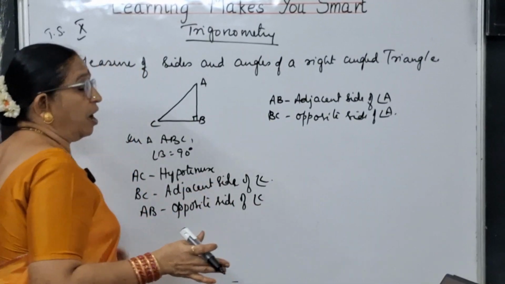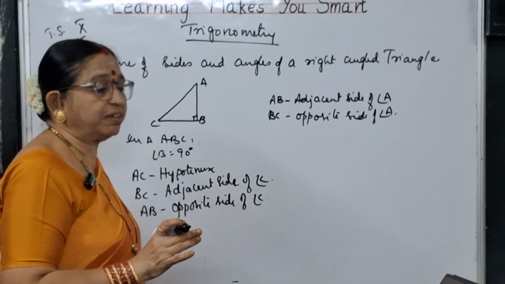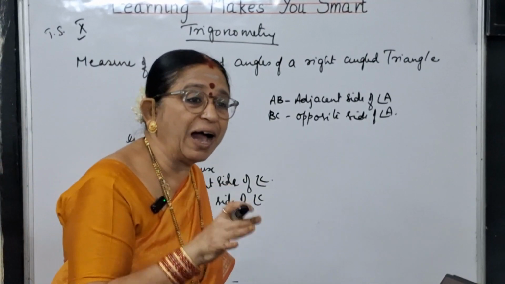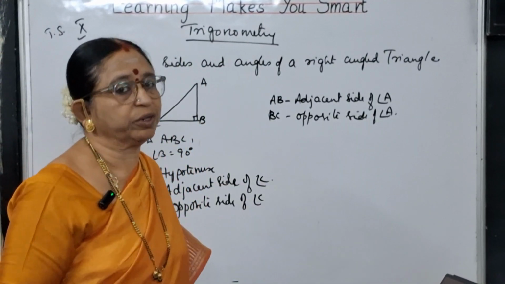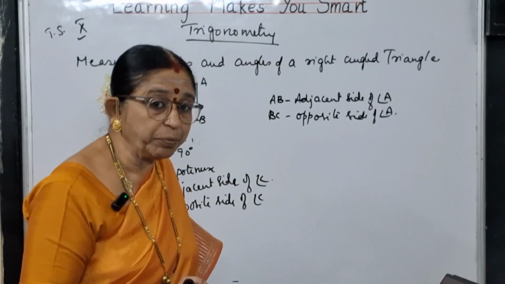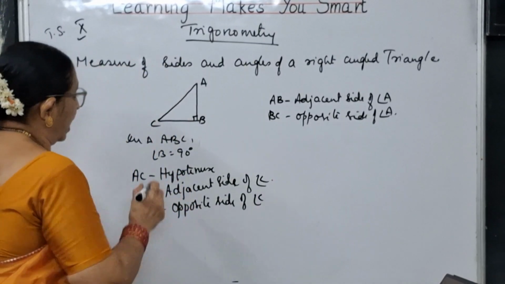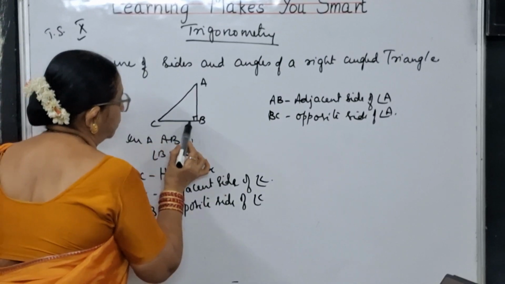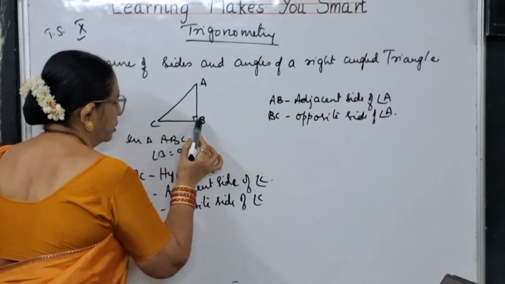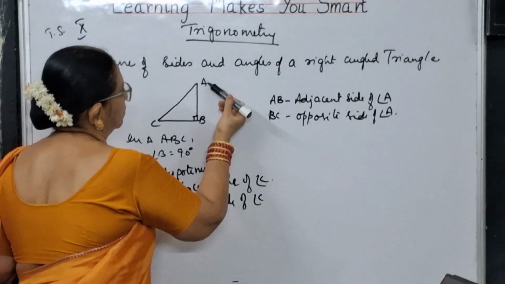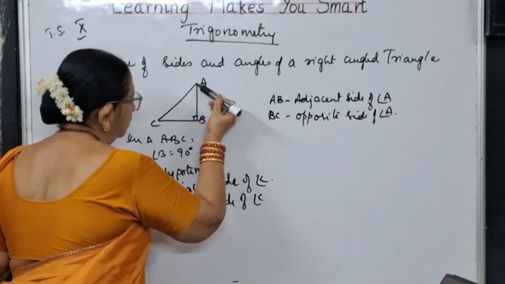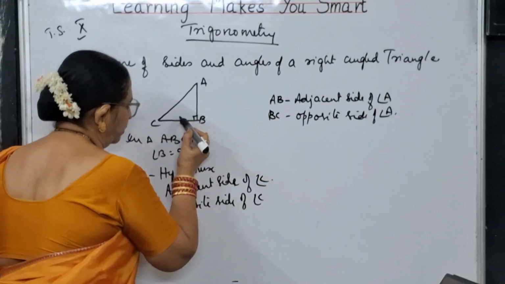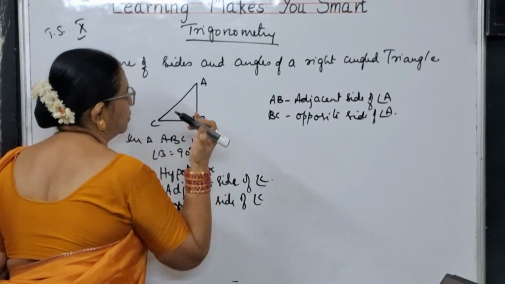Adjacent side and opposite side also depend upon the angle about which we are talking. That means if you are taking angle C into consideration, this becomes the adjacent side and this becomes the opposite side. If you are considering angle A, then this becomes the adjacent side and this becomes the opposite side, opposite to this angle.